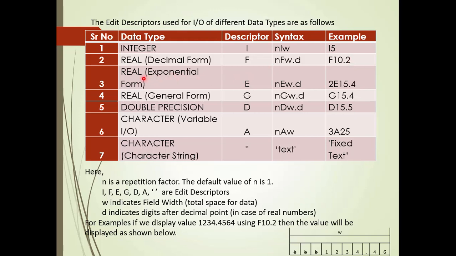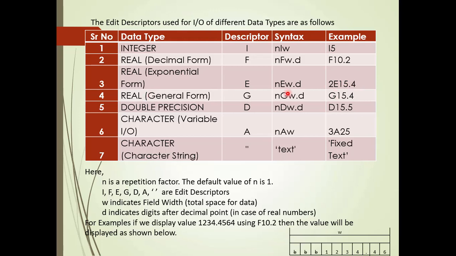Similarly, you can have the real exponential form, where the descriptor is E and the syntax is nEw.d. If you look at the example, n is the repetition factor, so 2. Then E is for the exponential form, w is 15 spaces, and after the decimal point 4 digits.